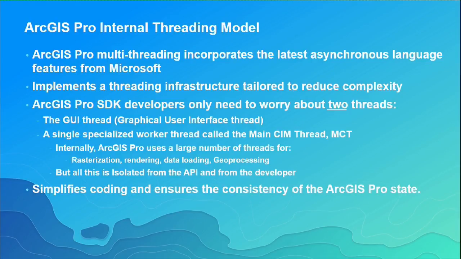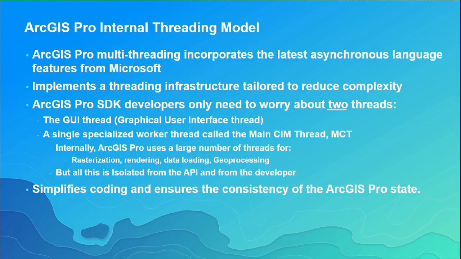So ArcGIS Pro SDK developers only need to worry about two threads. The GUI thread, the graphical user interface thread, and then a single specialized worker thread that we refer to as the main CIM thread, or MCT. You see that term a lot being used in documentation.